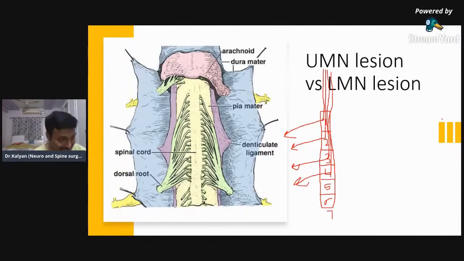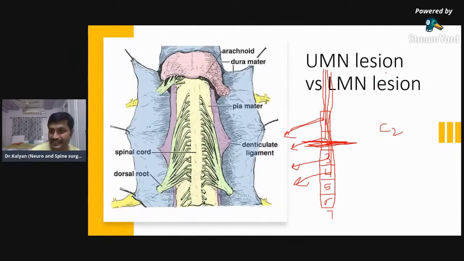Now, let us say there is an injury at the C2 level. So the injury is at which level? The injury is at the C2 level. So what I have drawn is the pyramidal tract, from above until the C1 segment. This is the LMN for C1. Similarly, UMN for C2, LMN for C2.